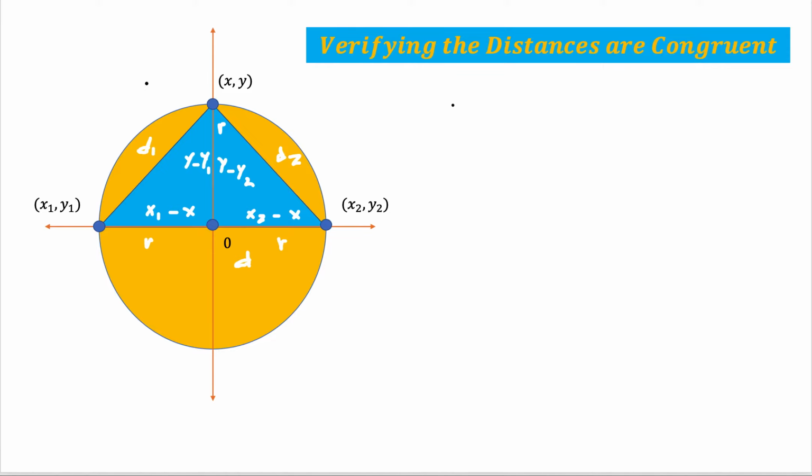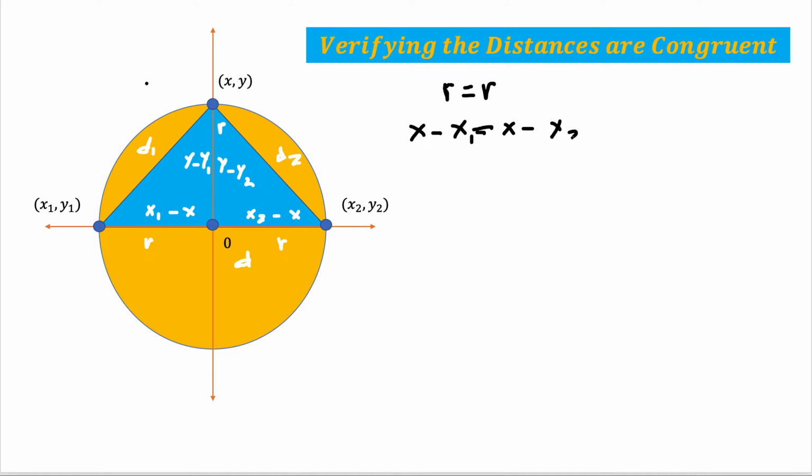Now radius is equal to radius, by the reflexive property, so radius is equal to itself. And if you look at this radius here, we have x1 minus x in terms of the absolute value, because this is distance, we can write x minus x1 is equal to the other radius, x2 minus x, or x minus x2, in terms of the absolute value.